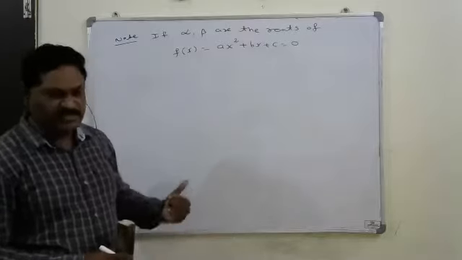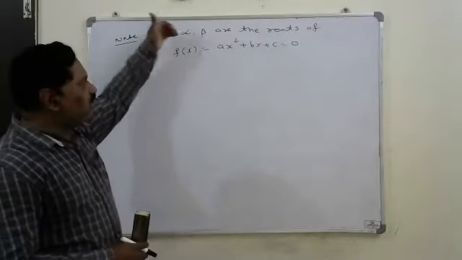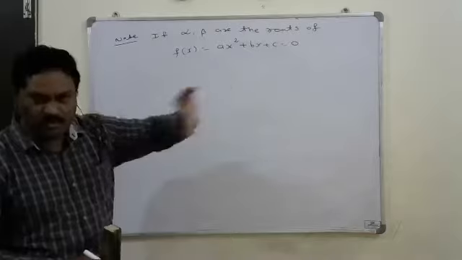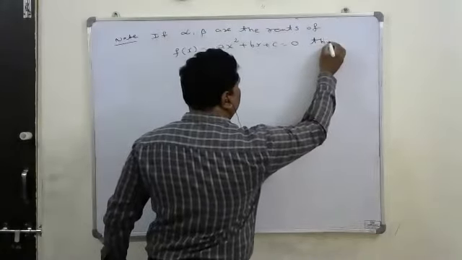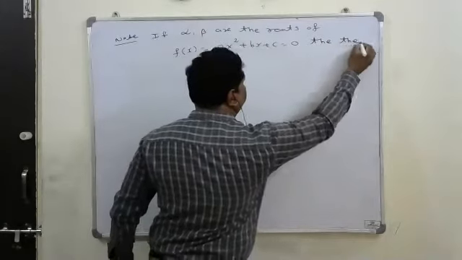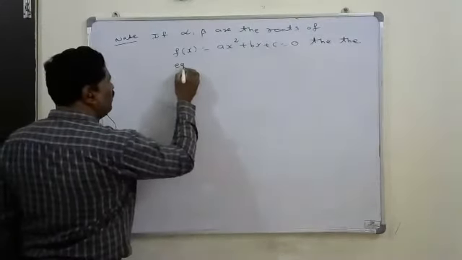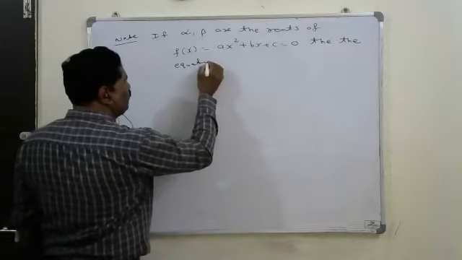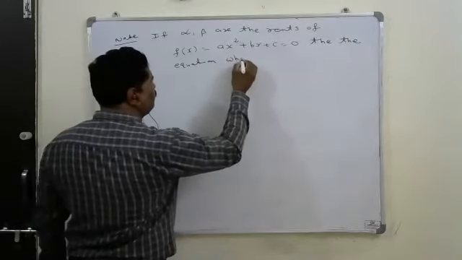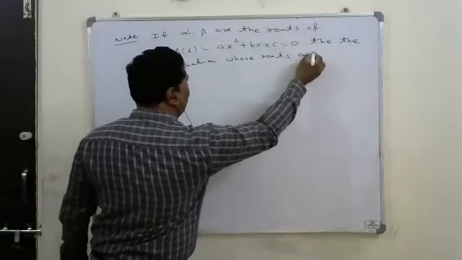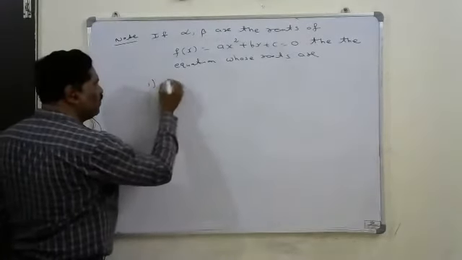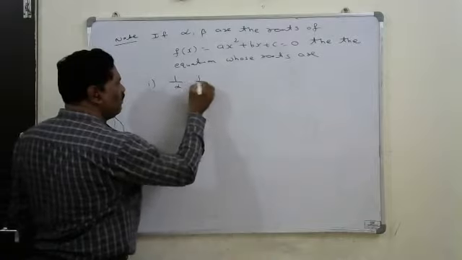Call it f of x. Suppose for this equation, if alpha comma beta are the roots, then the equation whose roots are 1 by alpha comma 1 by beta is.